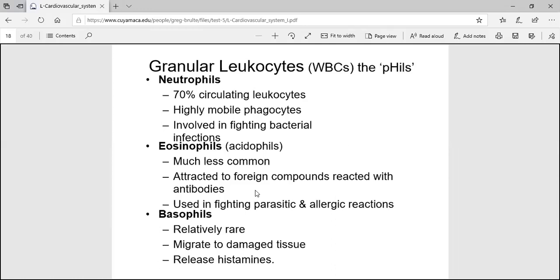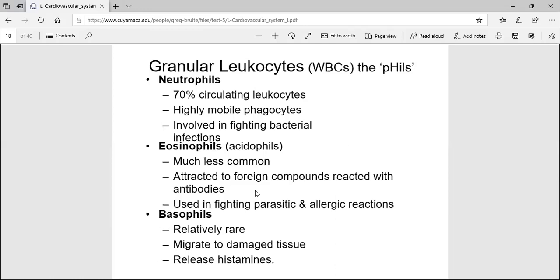And that can be very dangerous. That can lead to what they call anaphylactic shock. And so it's like an asthma attack, and you can die from that. So they might have to give you an antihistamine, such as maybe Benadryl, to help stop that.